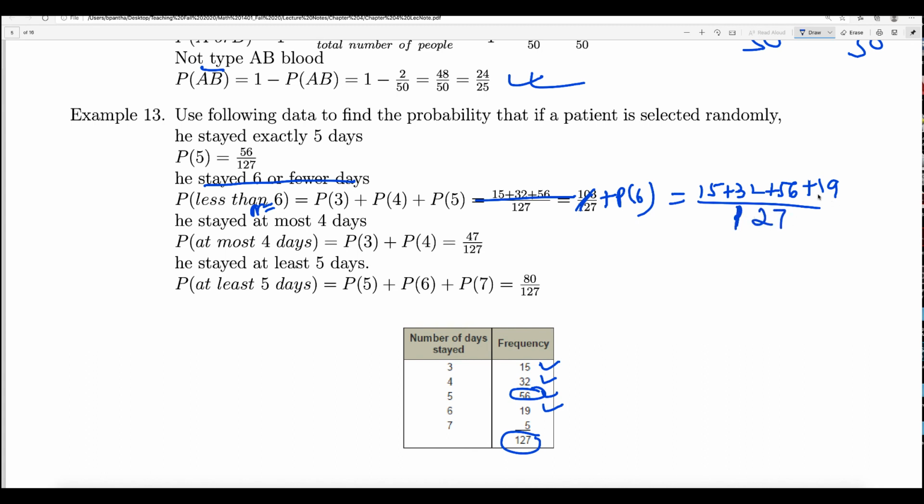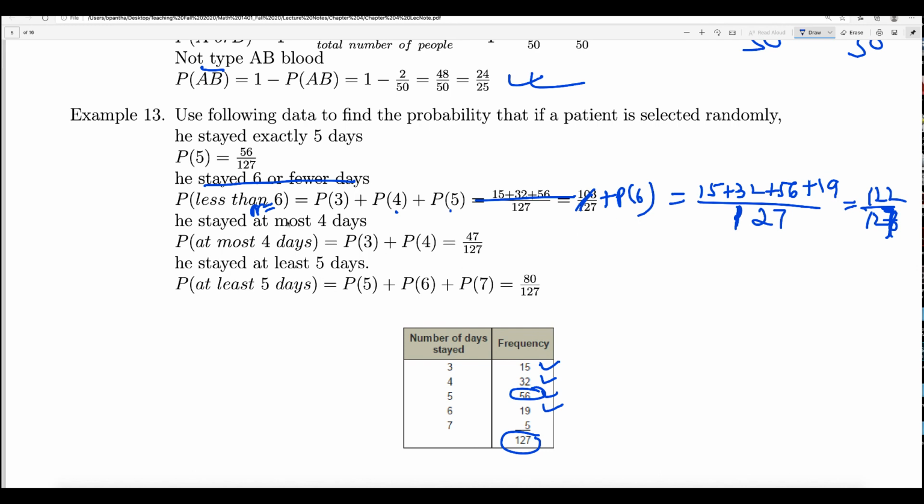That will be 122 over 127. Since it says 6 or fewer, you need to add the probability of 6 as well. If it was saying just fewer than 6 days, then you do P3 plus P4 plus P5, not P6. In that case, that would be the right answer. Okay. Since it says 6 or fewer, you need to count 6 as well.